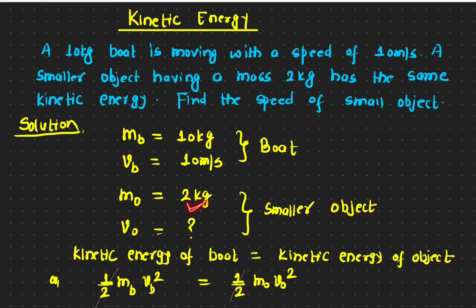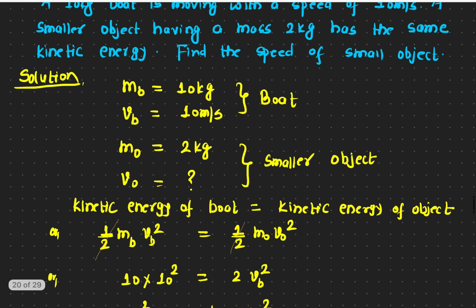It's given that the object does have the same kinetic energy as the boat, and we need to find out the speed of this smaller object. The condition is the kinetic energy of the boat is exactly equal to the kinetic energy of this object. So let's write down the equation now.